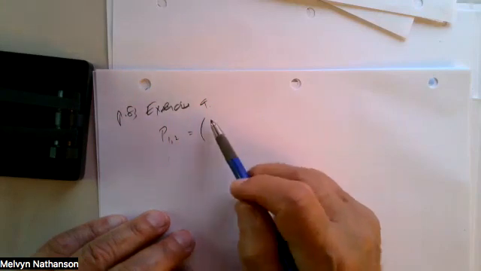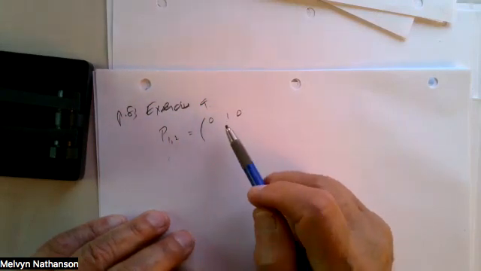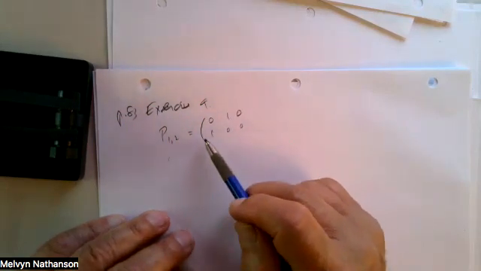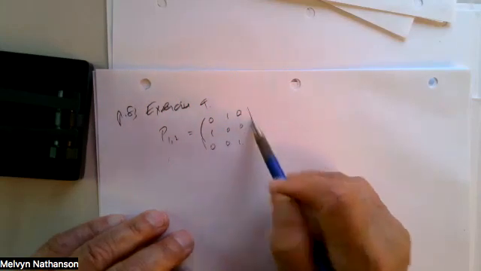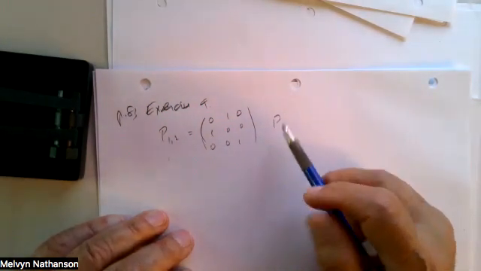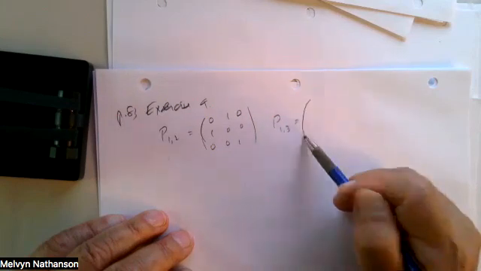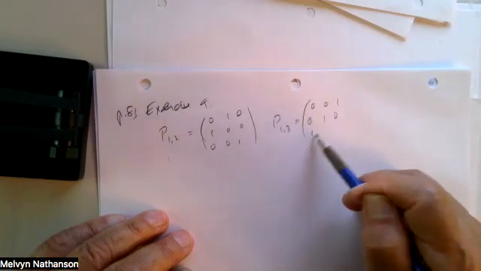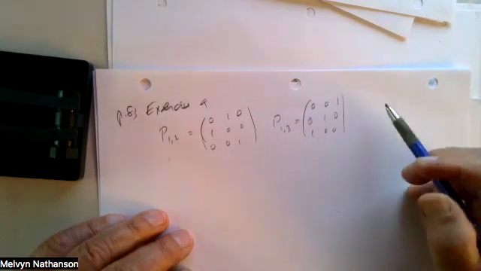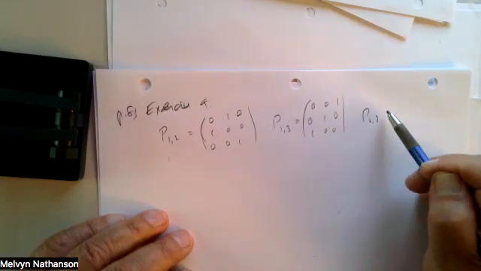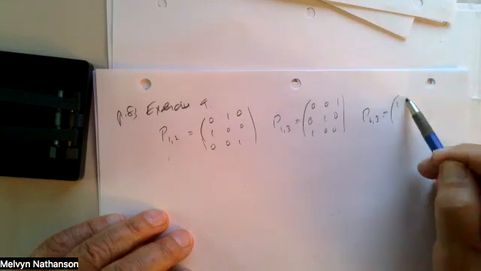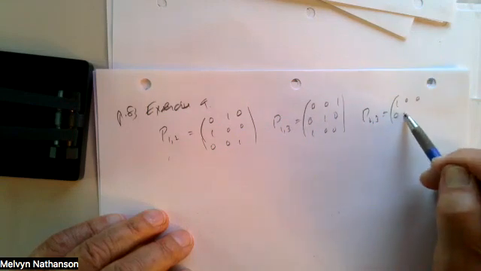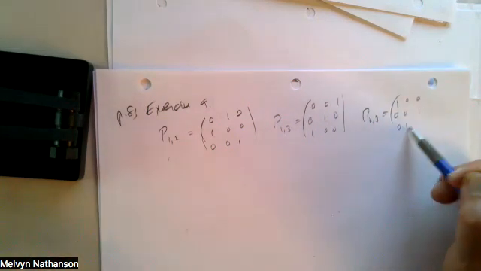P12 is 0, 1, 0, 1, 0, 0, 0, 0, 1. P13 is 0, 0, 1, 0, 1, 0, 1, 0, 0. And P23 is 1, 0, 0, 0, 0, 1, 0, 1, 0.